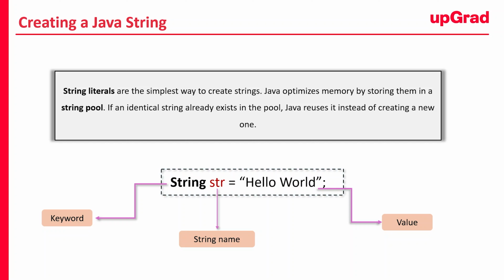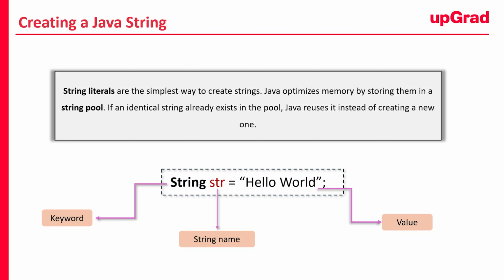It will just reuse the existing string. This means if you later create another string like this, string str equals hello world, Java will point str, that is the name of the string, to the same string object in the pool as str1, saving memory. It's an efficient way to manage strings.